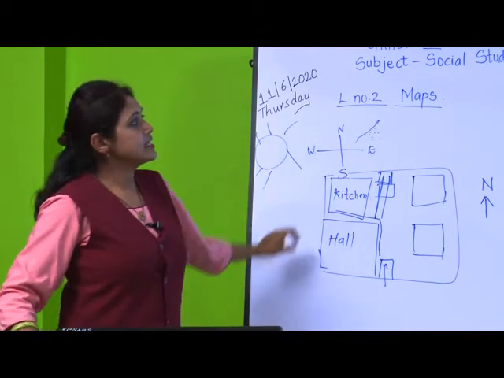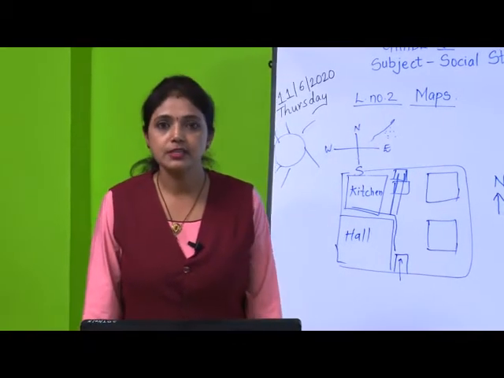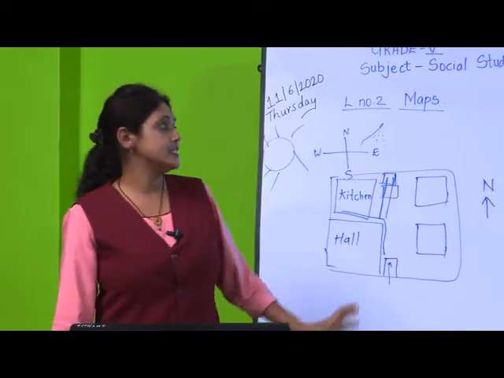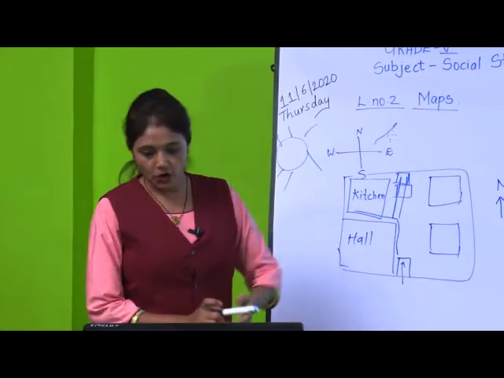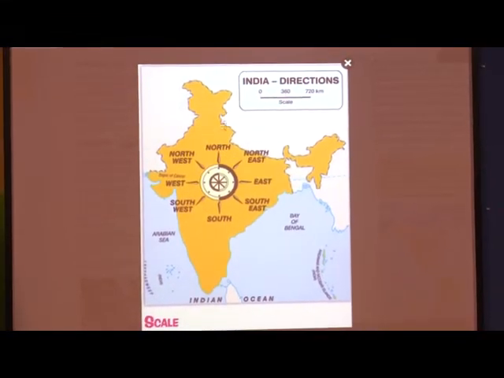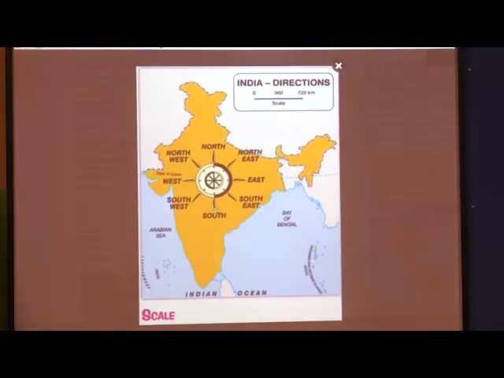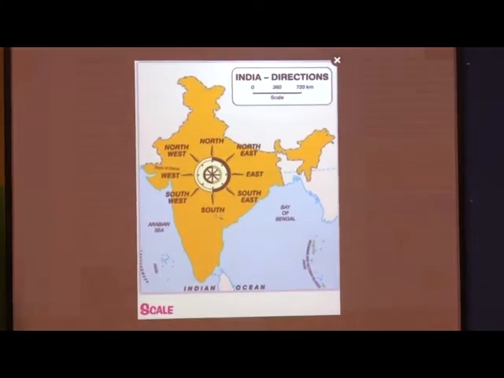Then there is scale, color and symbols. First we will see the directions. You can see it in that picture also. On top we have north, this is the north direction, south at the bottom, towards the right hand side we have east and on the left hand side we have west.